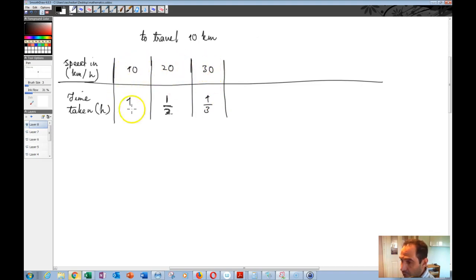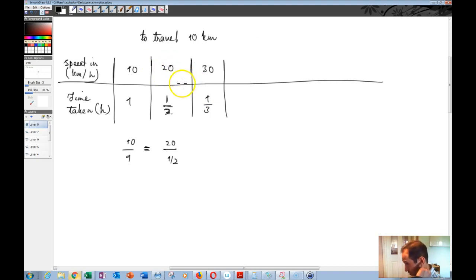One of them is increasing, one of them is decreasing, and they are proportional, meaning that 10 to 1 is the same thing as 20 to 1/2. I think there is a proportion over here, but the proportion is different from the direct proportion.